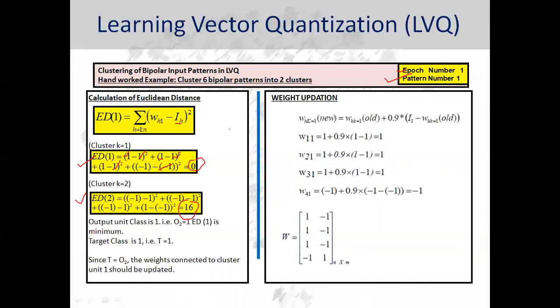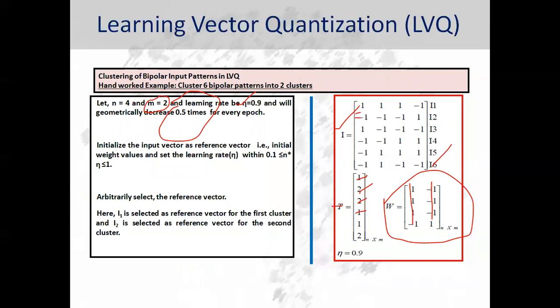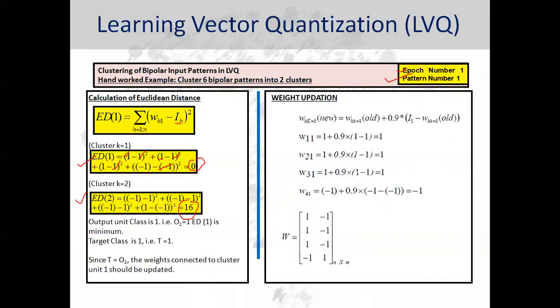In the case of this first pattern, which was belonging to your class number 1, the Euclidean distance for this pattern number 1 is also first. So the first cluster is the winner for the first pattern.